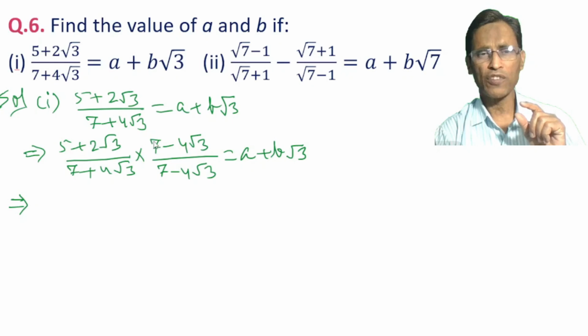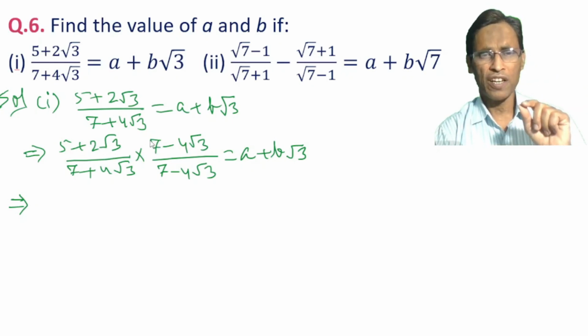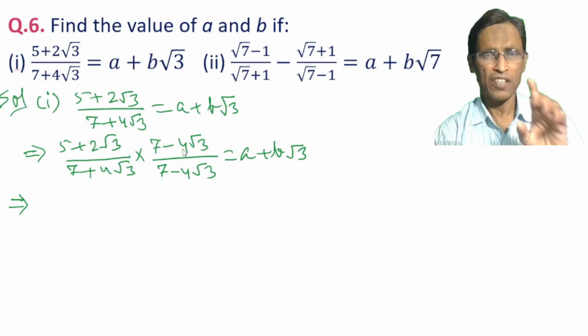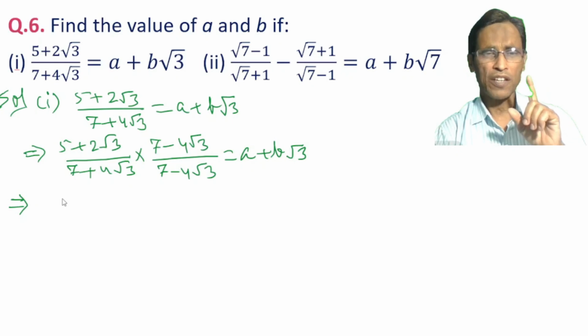Therefore, the product of 5 and 7 is 35, and the product of 2 root 3 and 4 root 3: 4 twos are 8, and root 3 times root 3 is 3, so 8 threes are 24, but 24 will be negative and 35 will be positive. So in simplification, 35 minus 24 gives 11.